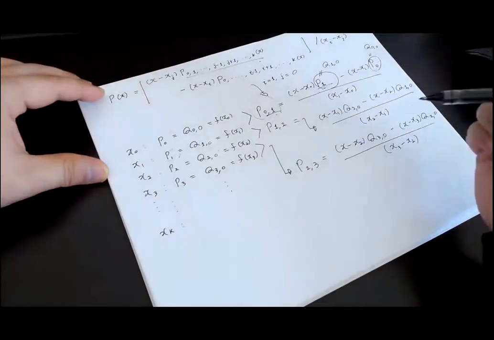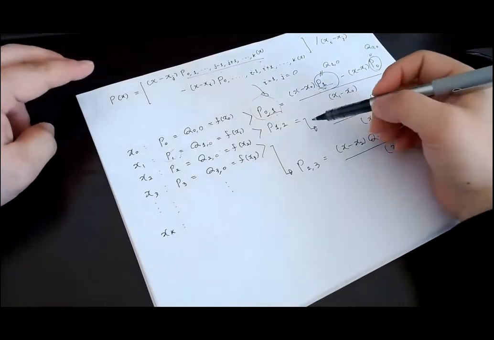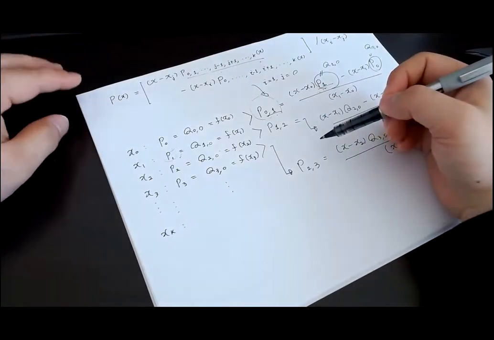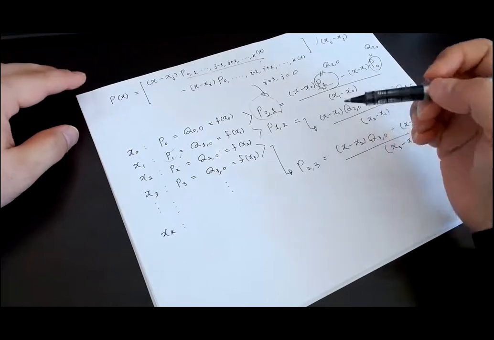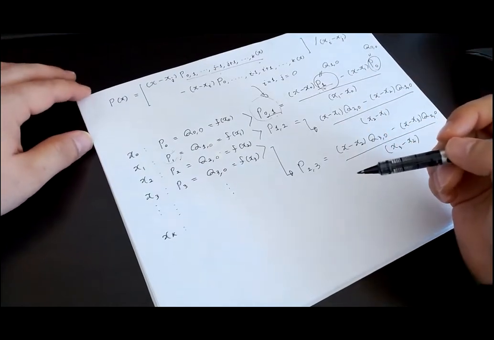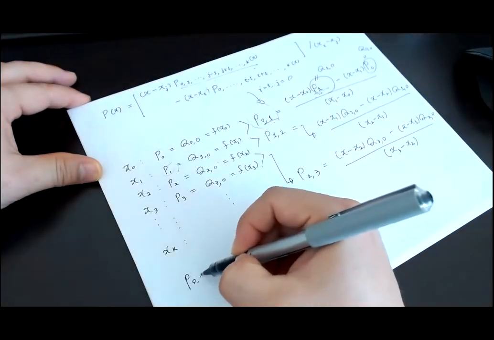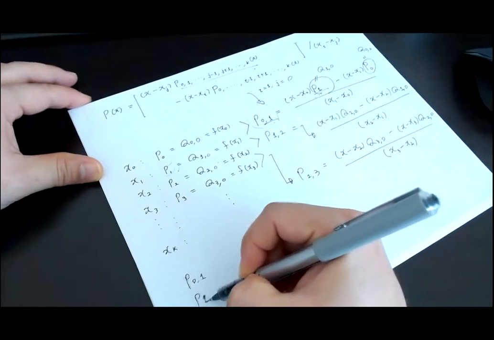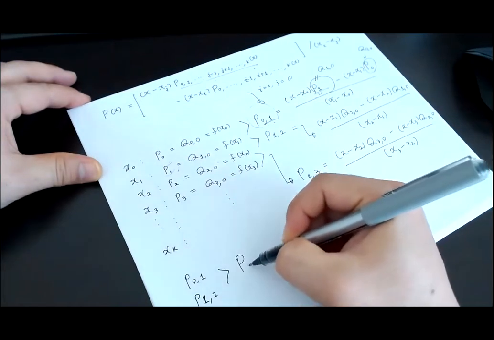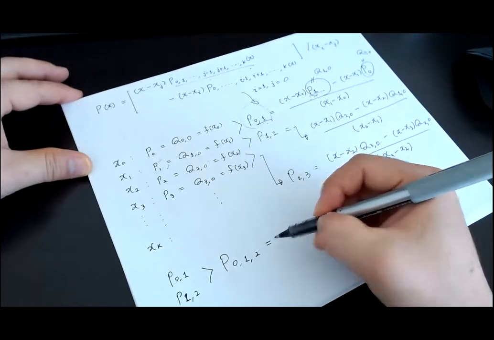So now with p0,1 and p1,2, we're going to construct the degree 2. This is degree 1, this is the degree 1 Lagrange interpolating polynomial. Now we're going to construct the degree 2 Lagrange interpolating polynomial. So using p0,1 and p1,2, we consider p0,1,2. But actually, this is equal to what?